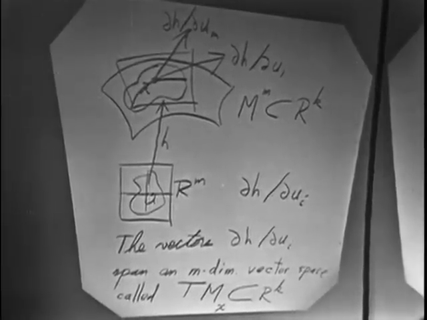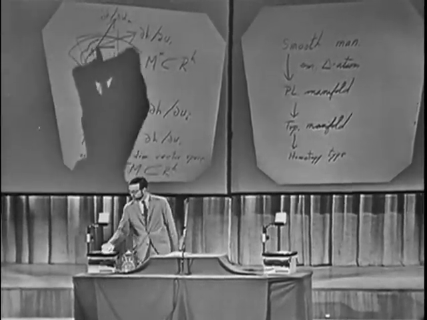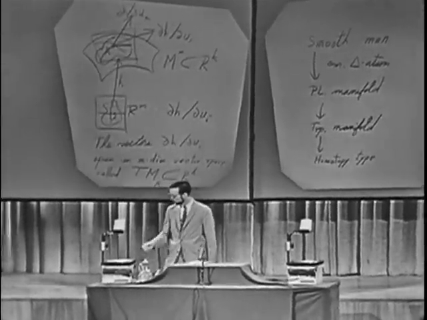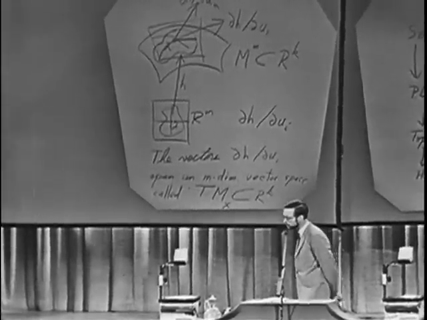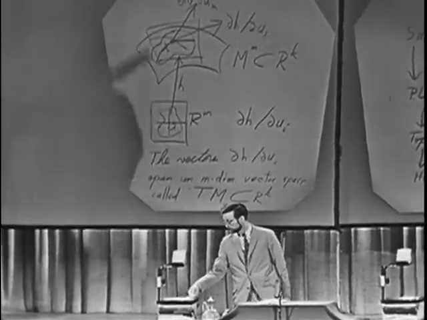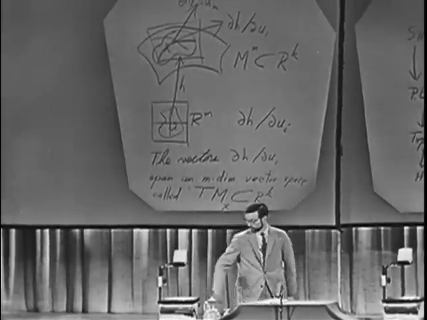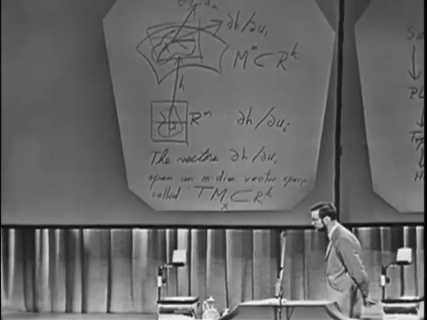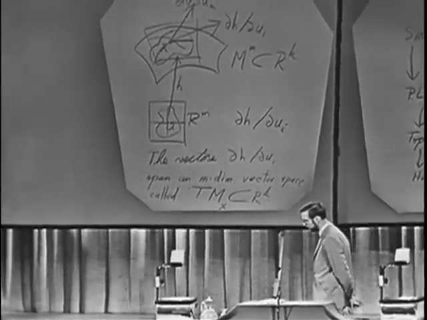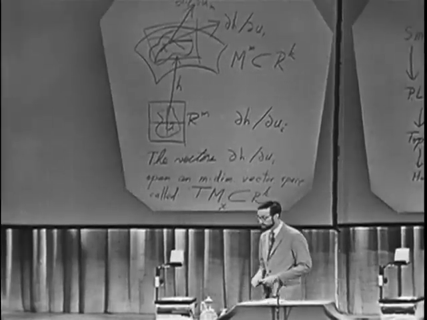Well, this has been a definition in terms of the given parameterization, but if you take any other curve going through the given point in the given manifold, one can easily express its tangent vector as a linear combination of these. So one can define it, for example, as the space of all tangent vectors to all possible curves through x in the manifold. And notice that the dimension of this space is equal to the dimension of the manifold.